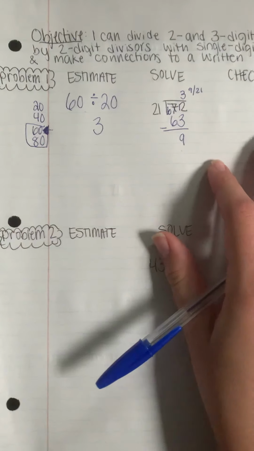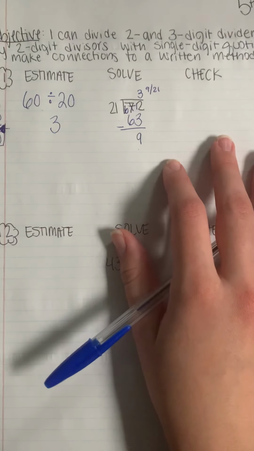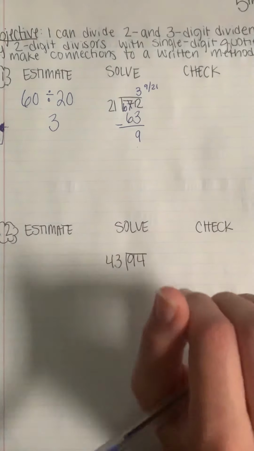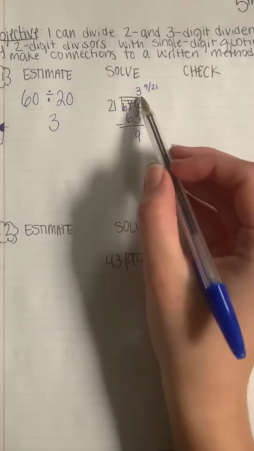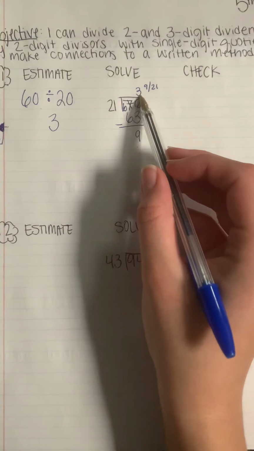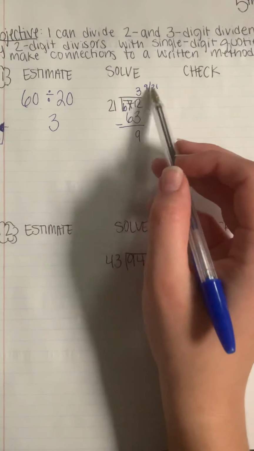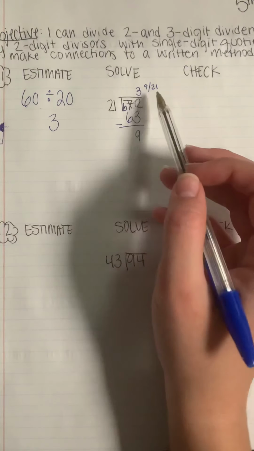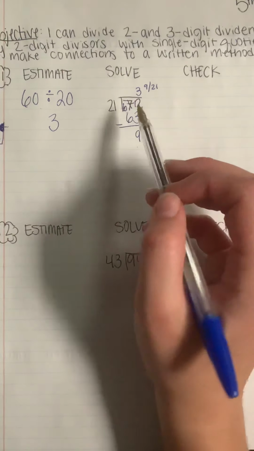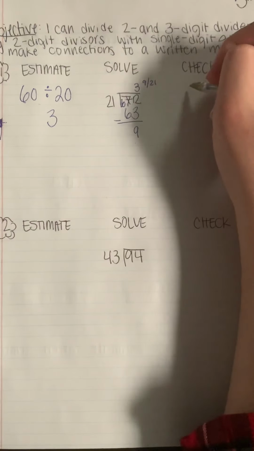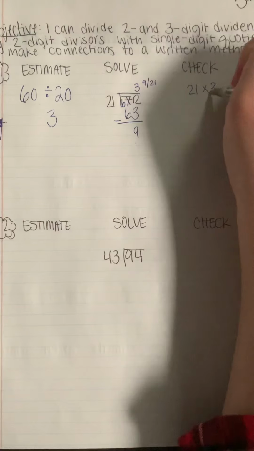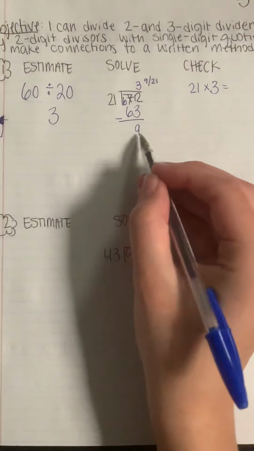That's the actual answer. So now when we check it, we divided 60 by 20 to get the estimate, which was 3 ones, and we tried that in our quotient. It turned out that our actual quotient was 3 with 9 left over. If I have 21 groups with 3 in each, I would be doing 21 times 3, and then I would add this 9 on.